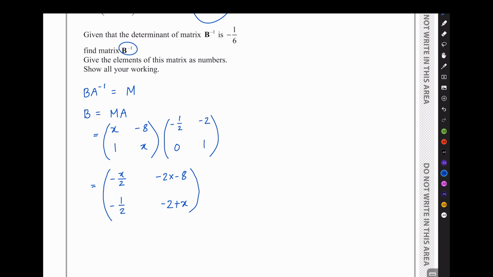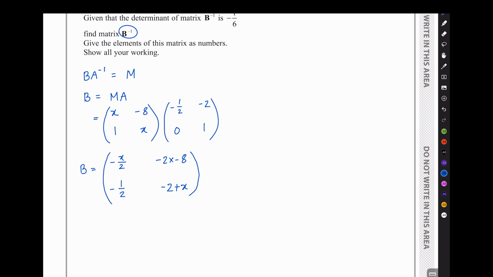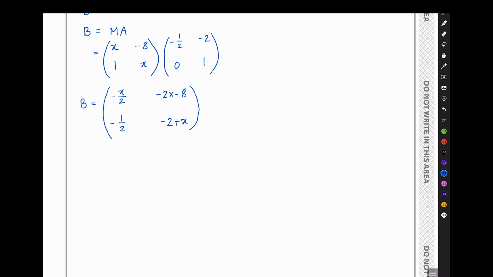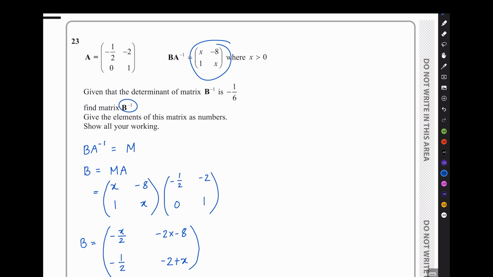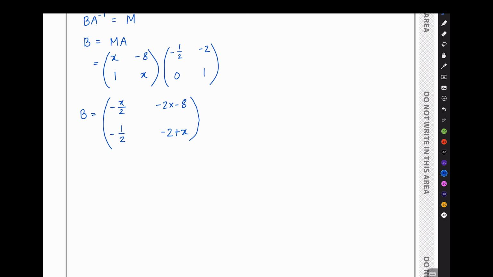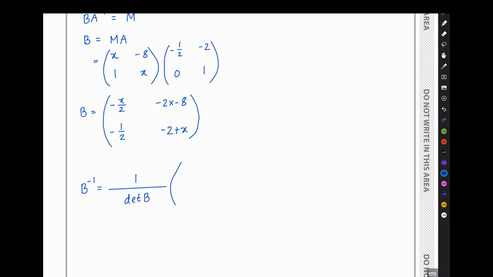So this is my matrix B, but that's not my target. My target is the inverse. The inverse is basically 1 divided by the determinant of B, and then I swap the places of this part.